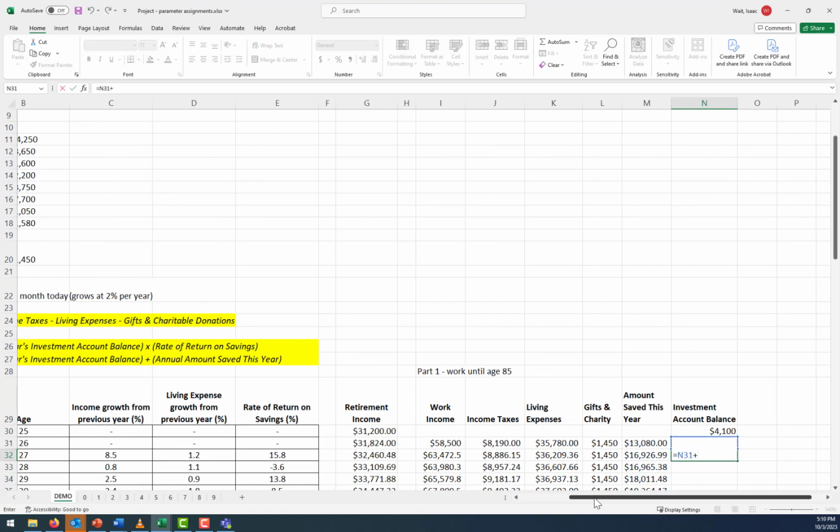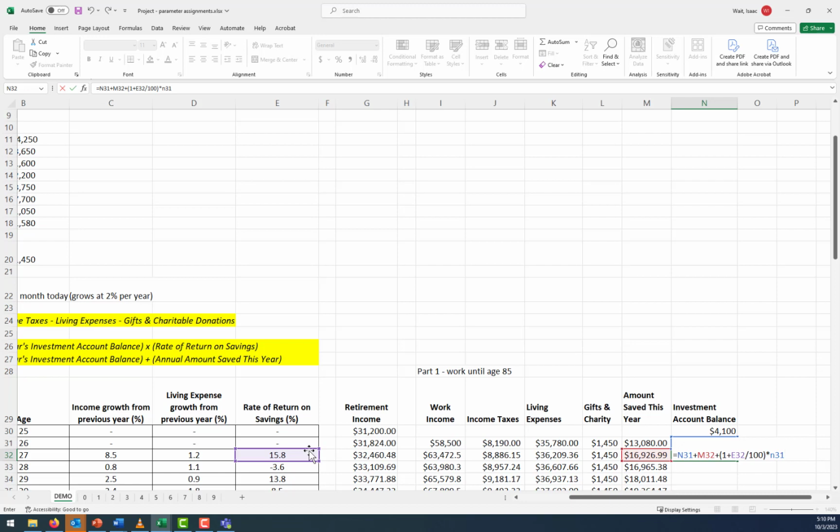Okay, but at the end of the second year, things are slightly different because we've got last year's balance plus how much got saved this year, plus there's going to be interest on last year's balance. So it's going to be plus 1 plus this rate of return divided by 100 times last year's balance, and that was N31.